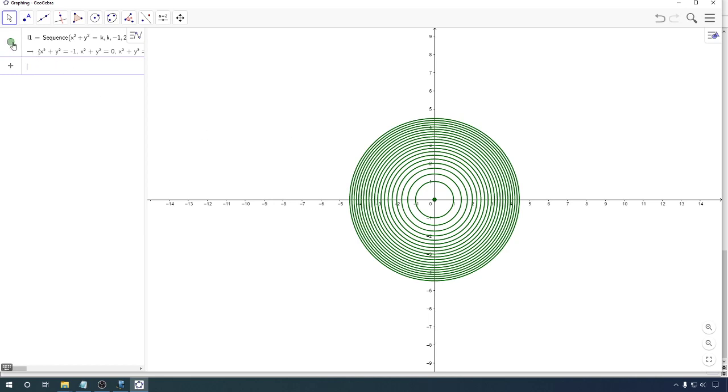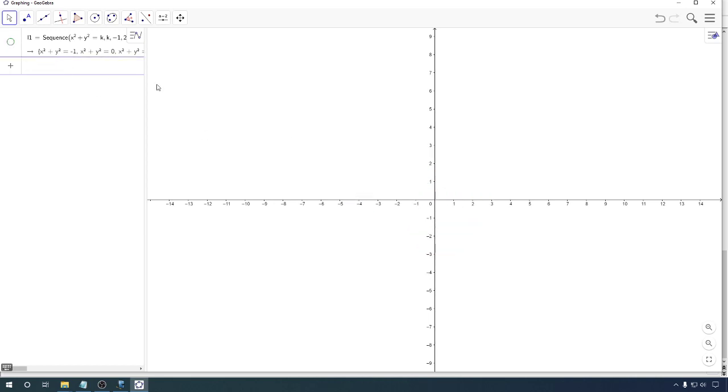If we look at another example, here I'm going to do another sequence with a slightly different function. I'm going to take the square root of x squared plus y squared, and we'll still set it equal to k. So our function here, instead of being x squared plus y squared, is the square root of x squared plus y squared.